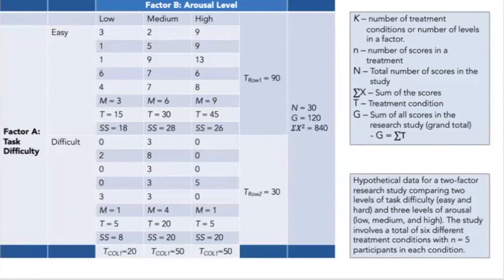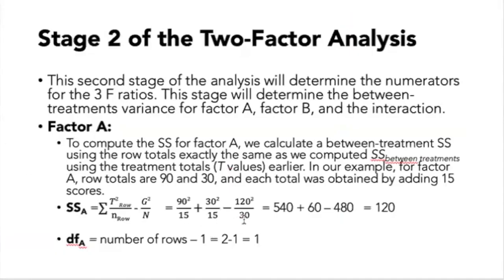Here also 15. Minus g squared divided by n, that is 120 squared divided by 30. So 540 plus 60, that is 600. 600 minus 480, the answer is going to be 120. And degrees of freedom for this one is number of rows minus 1. So we have only 2 rows here, so 2 minus 1 is going to be 1.